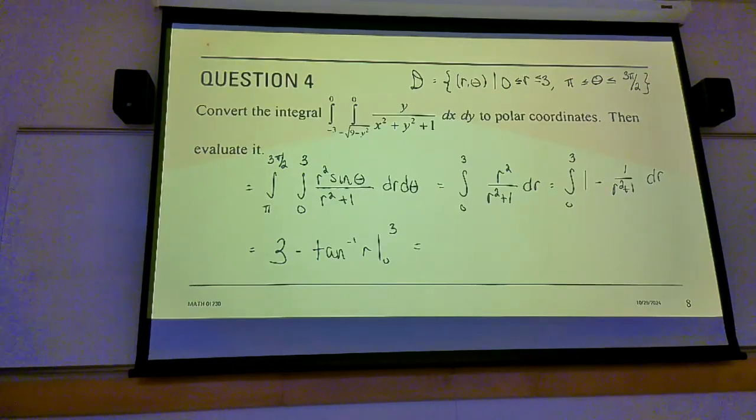Cosine of 3 pi over 2 is 0. Cosine of pi is negative 1. You get 0 minus negative 1, which is 1. Negative that. That's why the order flips. Oh, yeah. I'm missing that. So that negative, okay, that's because I put that it should be one instead of negative one.